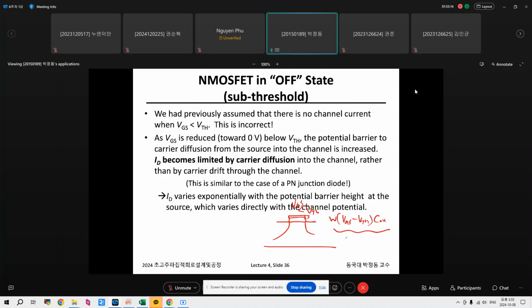If VGS is less than VTH, there is no channel. But this is not true.